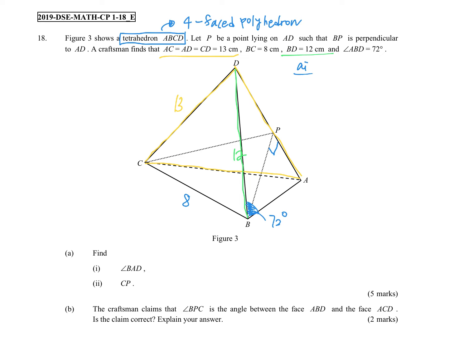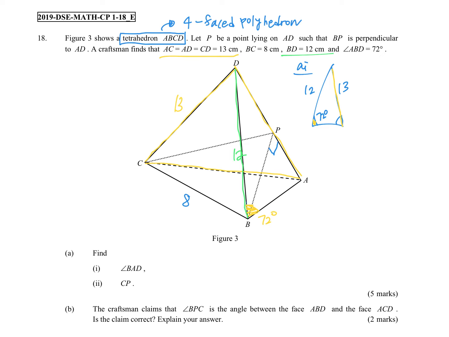Angle BAD. Oh, we have 13. That's pretty obvious because we want this angle, corresponding to 12, and then this is 13, and then we have this 72. So I should label this as yellow angle then. This is 72.